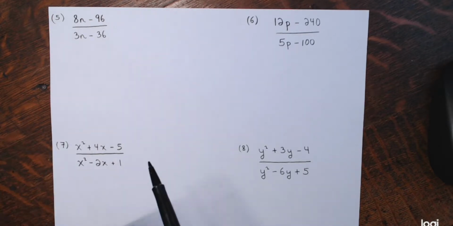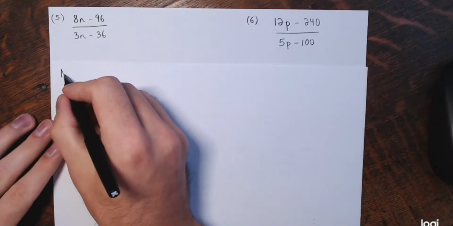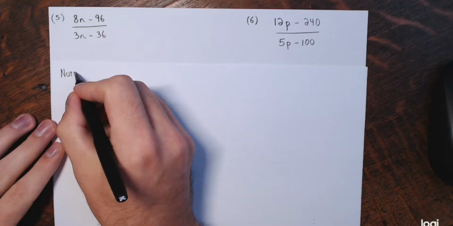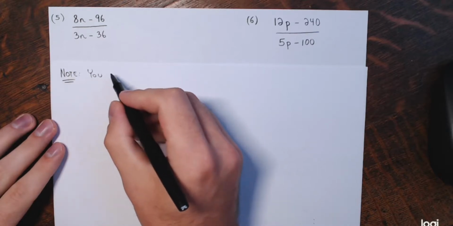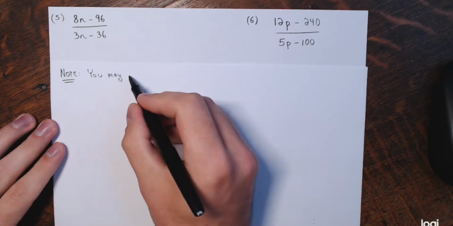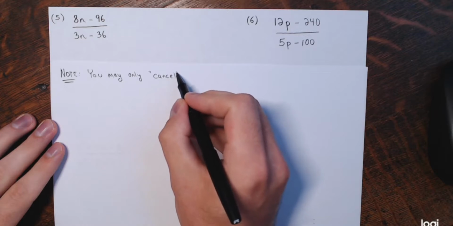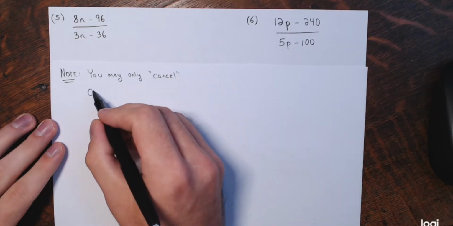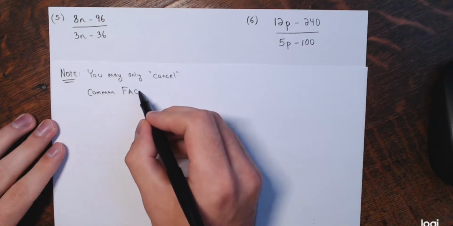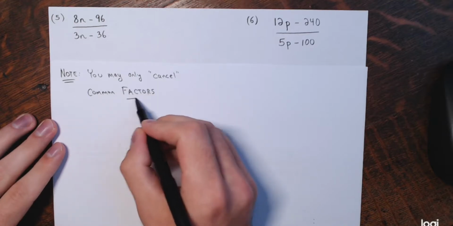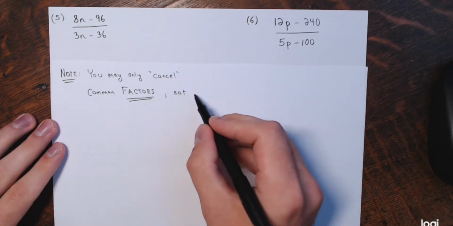Remember that when you're canceling, this is a very common mistake. You may only cancel, cross out, common factors in the numerator and denominator, not parts of terms.